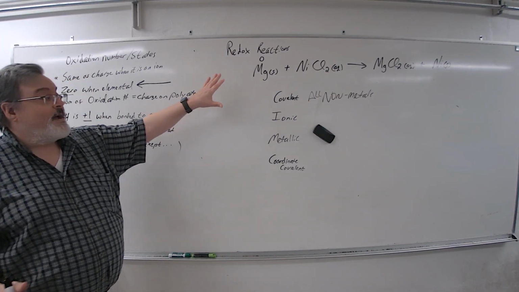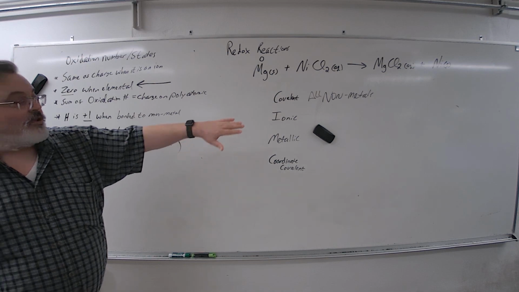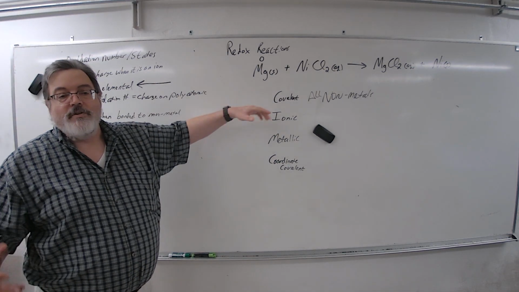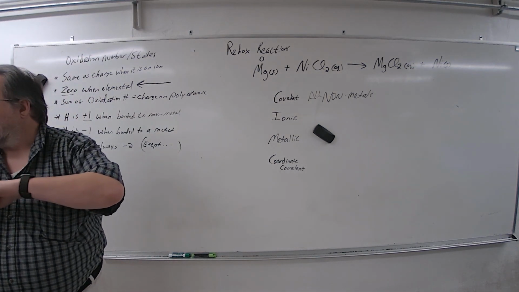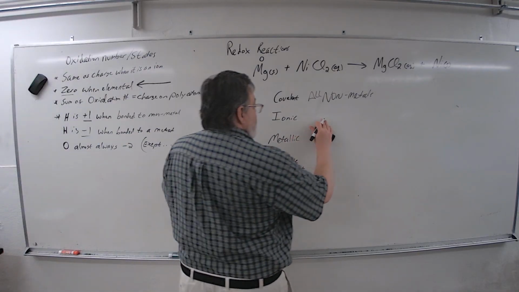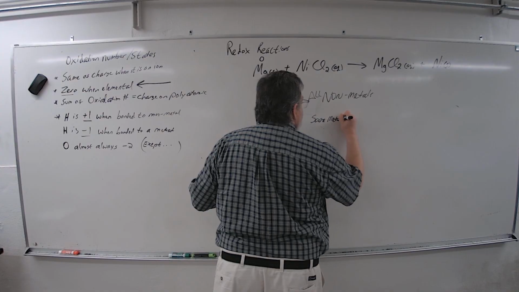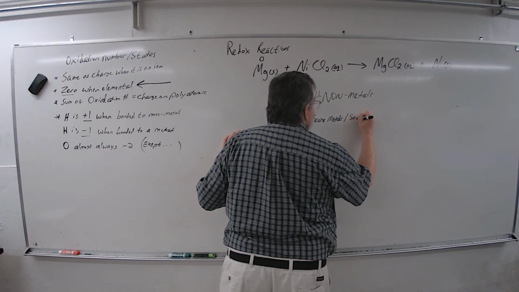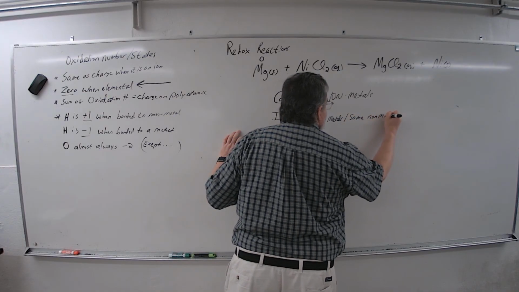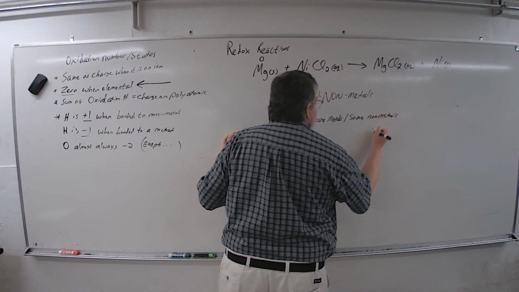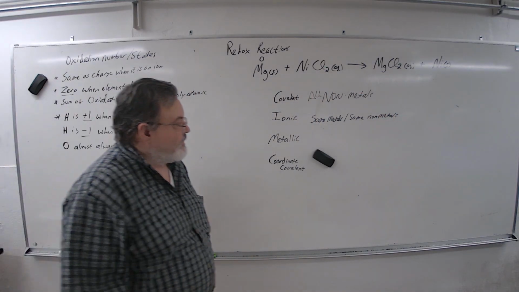So if you're looking at a compound that's all nonmetals, you know you're looking at a covalent compound. All those atoms came together because of the pairing of electrons. Ionic is some metals and some non-metals.